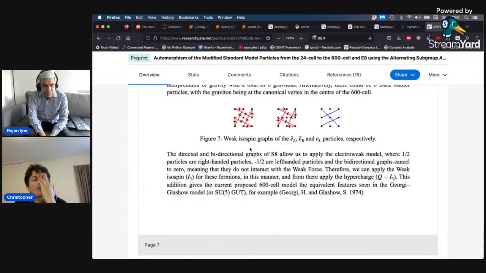And from that, we were also able to generate, well, we have the charge. We take the weak isospin, and then we're able to create the hypercharge as well. So that makes it equivalent to the Georgi-Glashow model of SU5 grand unified theory.